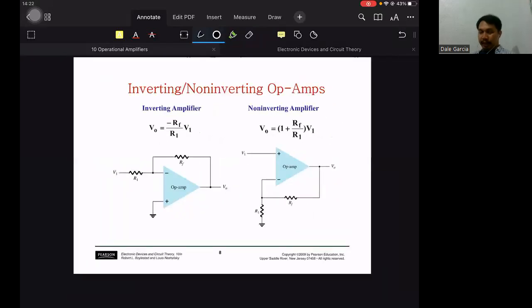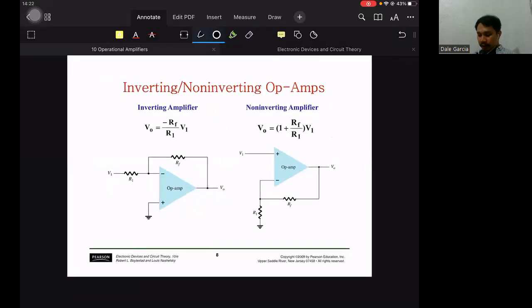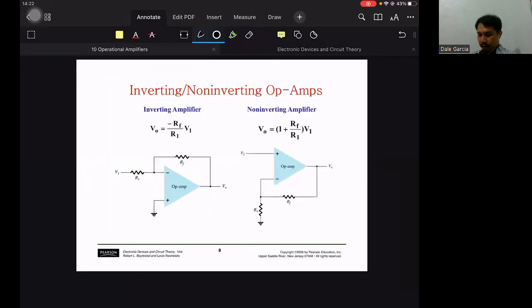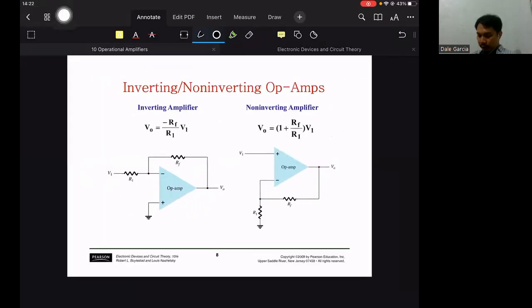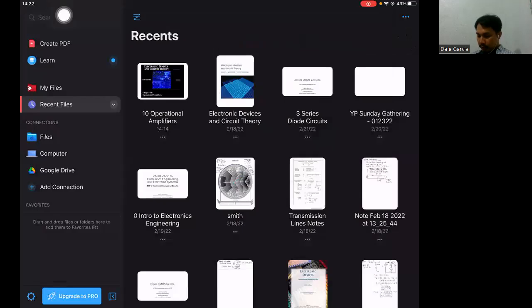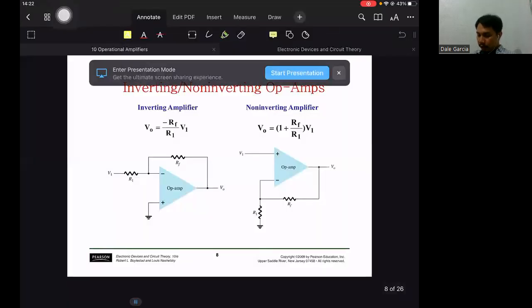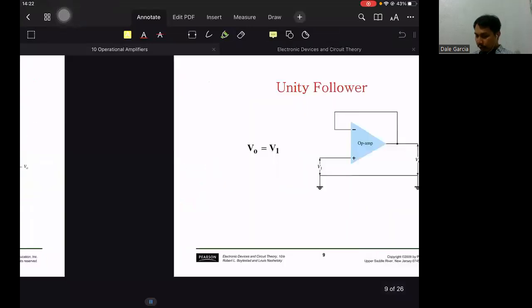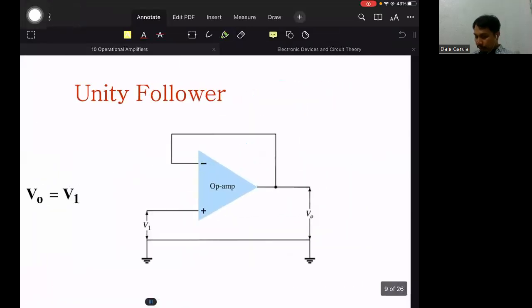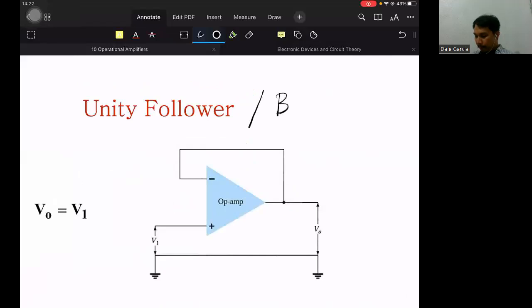So they are paired, with almost the same circuits and formulas. Another one is the unity follower. Another term for the unity follower is the buffer.